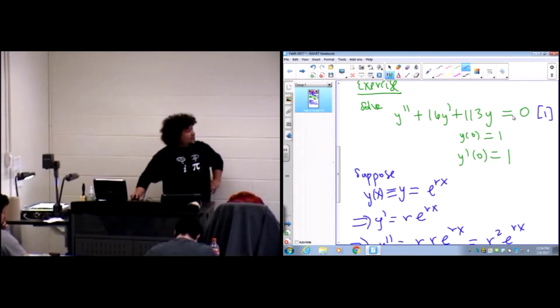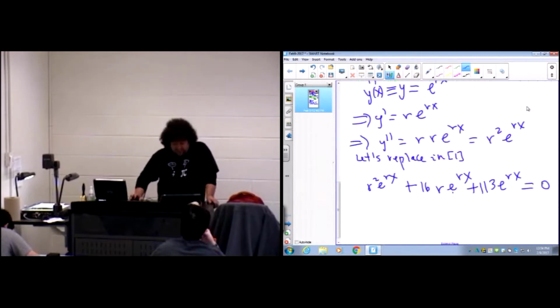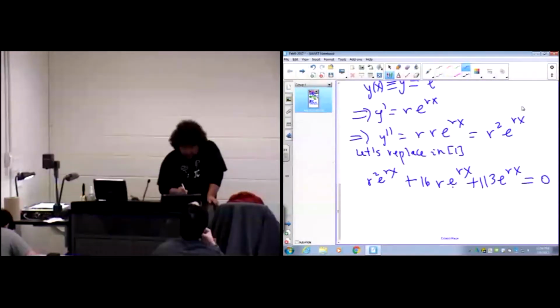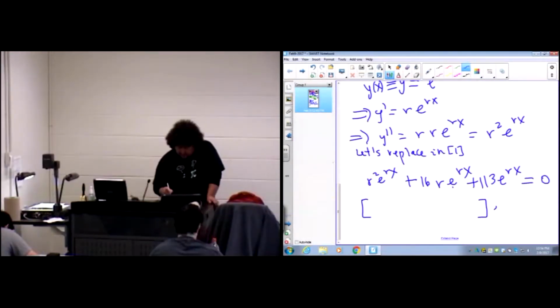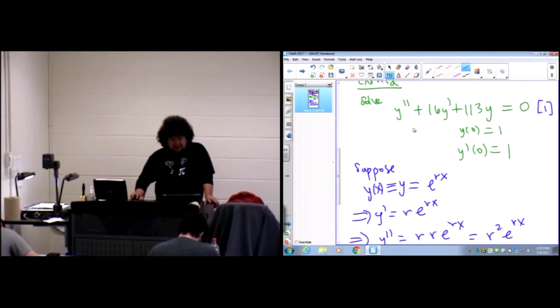Here's y double prime, or second derivative of y, and here is r squared. Here's 16 times y prime, 16 times the first derivative, and here we have 16 times r, and then there is that constant, so you can think of this as y zero. The zeroth derivative means that you don't differentiate. The function stays as is, so that zeroth derivative is like a 0 exponent, r to the 0, which is 1.